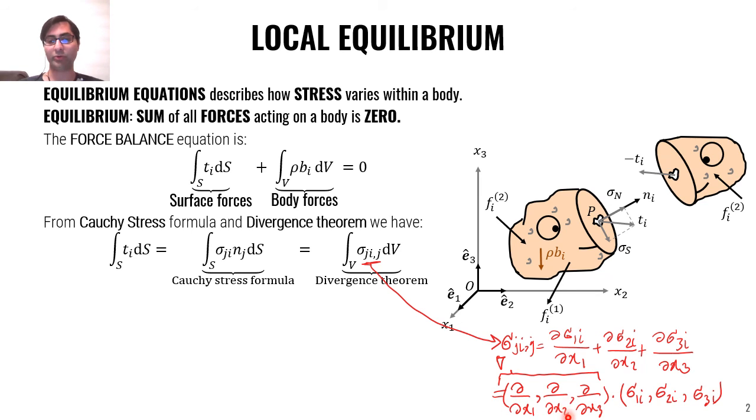Partial x1, partial x2, partial x3 dot sigma 1i, sigma 2i, sigma 3i.